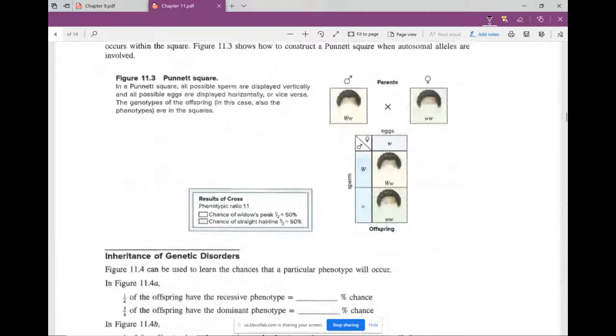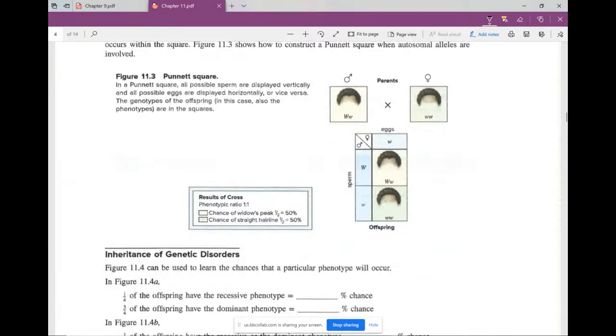Okay. So, for example, with the widow's peak, this female is recessive, so she only has one possible type of allele. There's no reason to have to do it again. It would be the same thing.